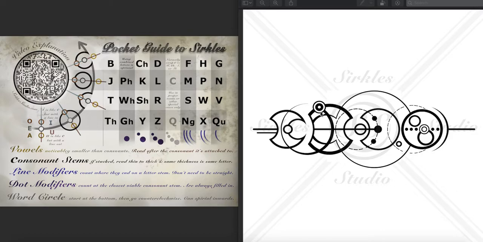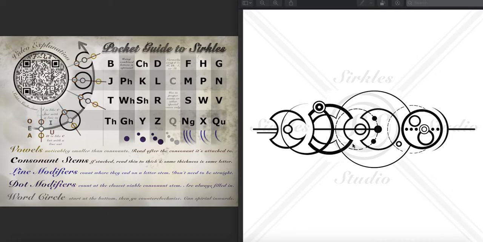So we read the thin one first and then the thick one, and this thin one has one line going towards the middle, so that makes it an I. And then this thick one doesn't have any lines ending on it, so that's just an E, because E is like an I but with no lines, and I is like E but with a line going towards the middle. So I, E, and then we have this shallow divot, just like this one, but it has 1, 2, 3 lines. So instead of 2, it's got 3 lines, making it an S. So T-I-E-S. So bow ties.